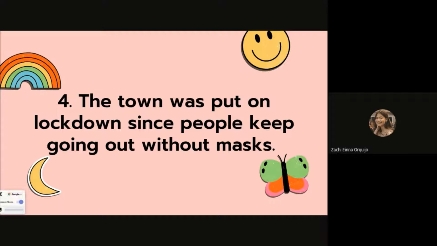At anong naging epekto nun? Nagkaroon ng lockdown. So, yung pagkakaroon ng lockdown ay bunga kasi nga, bakit? Dahil hindi nagsusuot ng face mask itong mga tao. So, para hindi kumalat ang virus, nagkaroon ng lockdown. So, yun po ang cause at yun po ang effect.